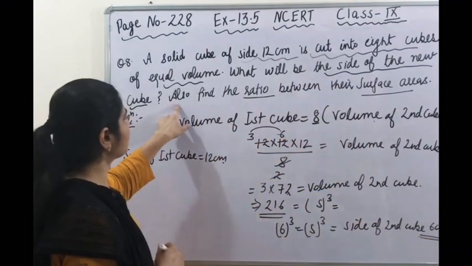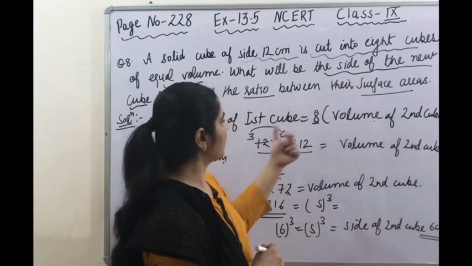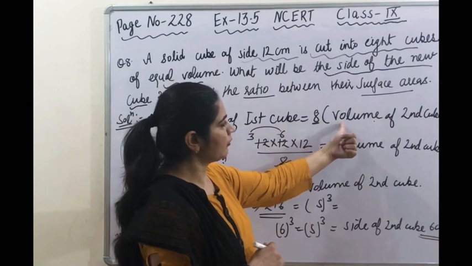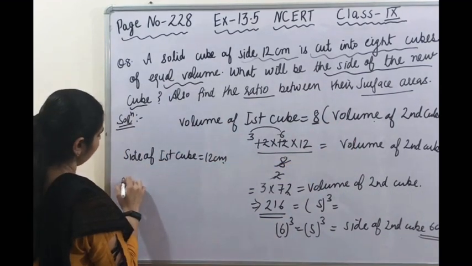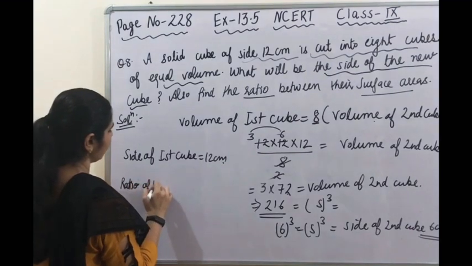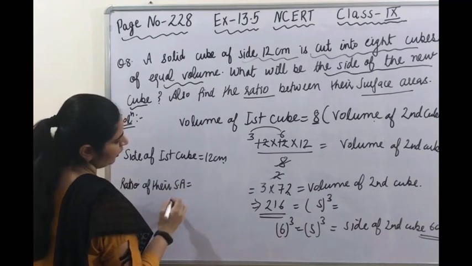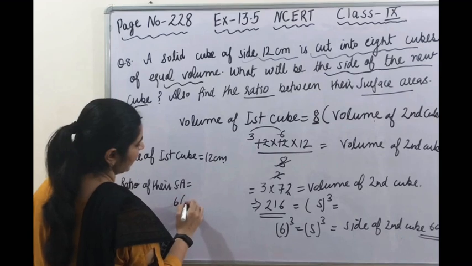Now they are also asking to find the ratio between their surface areas. We have to find the ratio of the surface area of the first cube and the surface area of the second one. Here I am writing ratio of their surface areas. Surface area means total surface area, and the total surface area of the cube is 6 into side square.